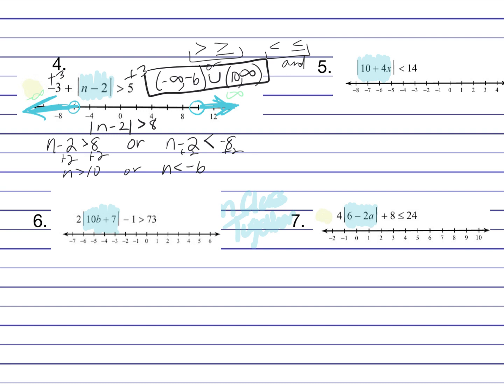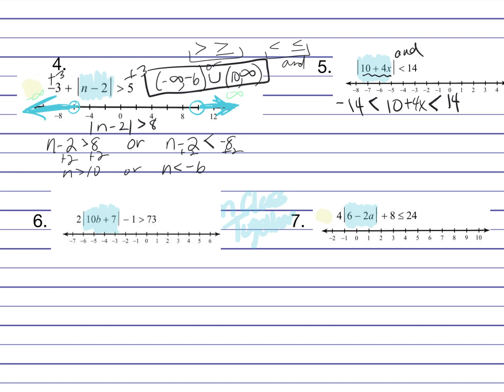Now number 5. First decide your conjunction. Less than is and. Okay, so for and problems, you take 10 plus 4x out of your absolute value. You put that less than symbol on either side. You put positive 14 and negative 14 because this is an and.